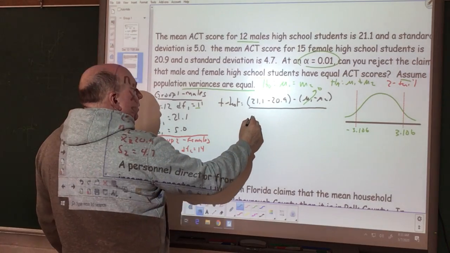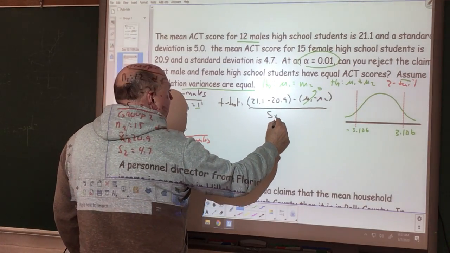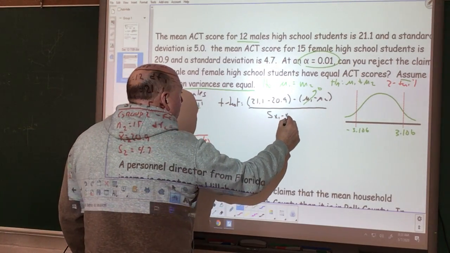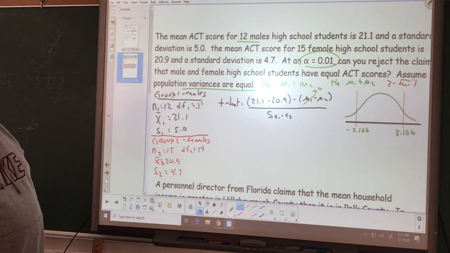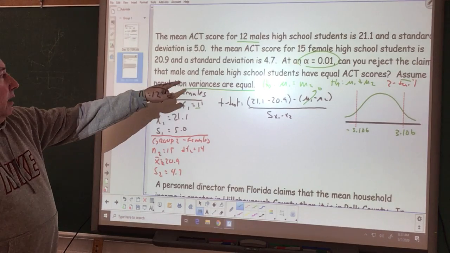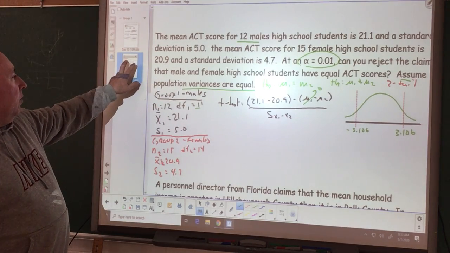Now what we have to deal with on the bottom is that S of x bar 1 minus x bar 2. And that's where we start running into what we have to do. The variances are equal.